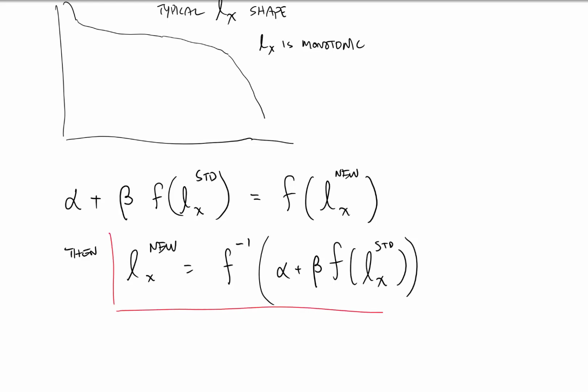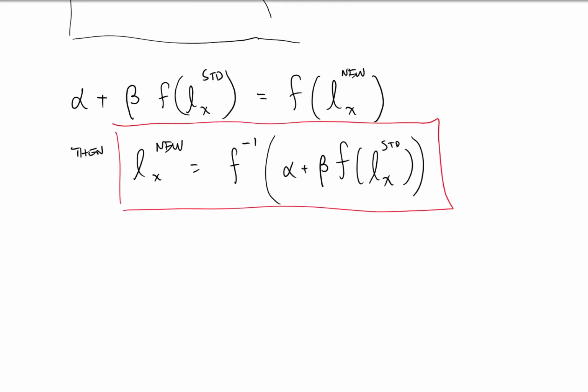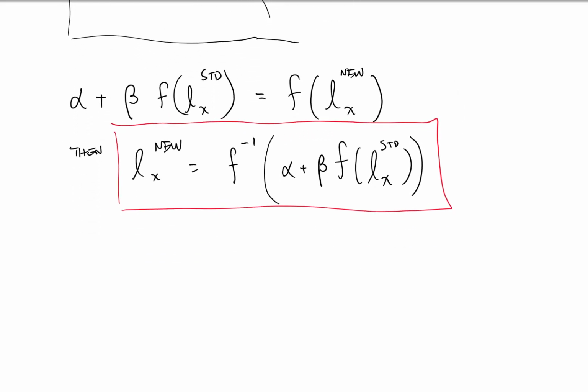So this was the idea. You find some transformation f. You multiply it by something, you add something, and then you untransform it and see whether that gives you something that looks reasonable for a new set of lxs. So Bill Brass tried many different possible forms for this transformation function, f.